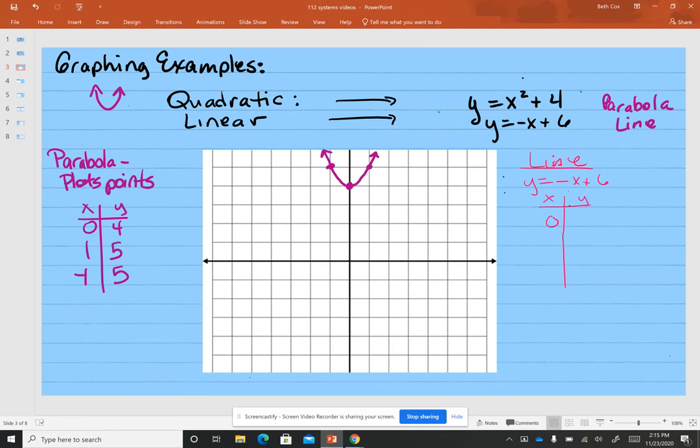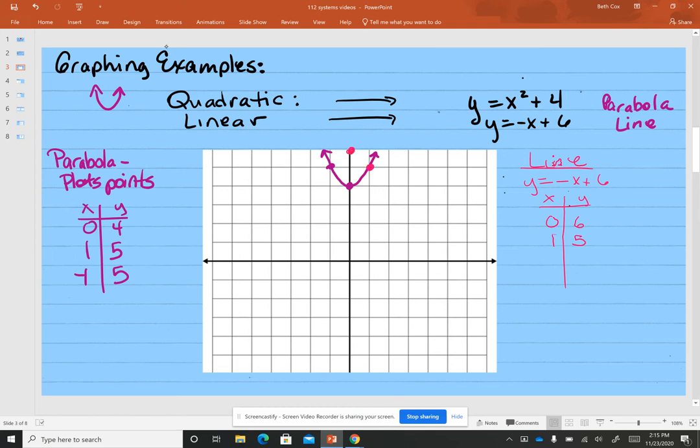If I plug in 0 for x, I get 6 for y, so there's that one. If I plug in 1 for x, I'm going to get 5 for y. That's not right. There we go. We get 5 for y.